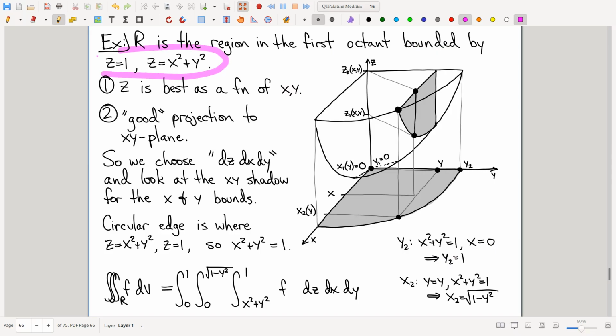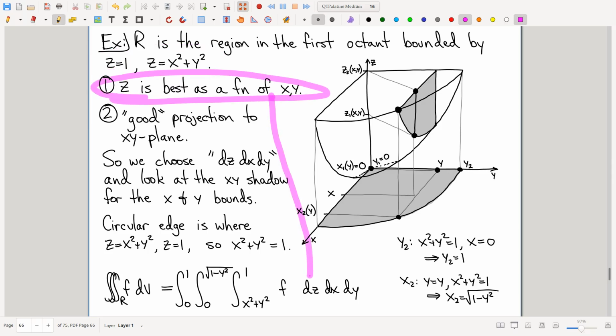Looking at this algebra, do I want to solve for x? Square roots. All else being equal, if I can avoid it, I'd prefer not to have to solve for x. And all else being equal, I'd prefer not to have to solve for y. So I think it's best to view z as a function of x and y. As a result, I want to put dz on the inside.